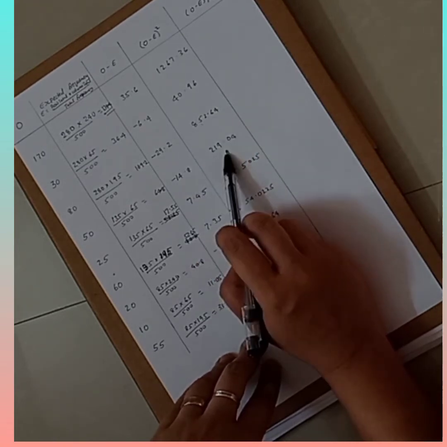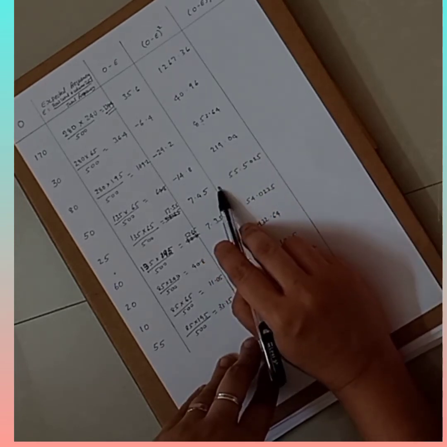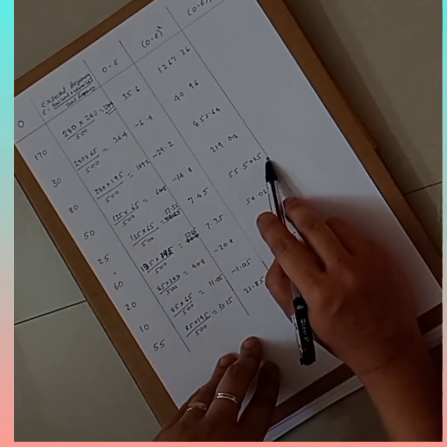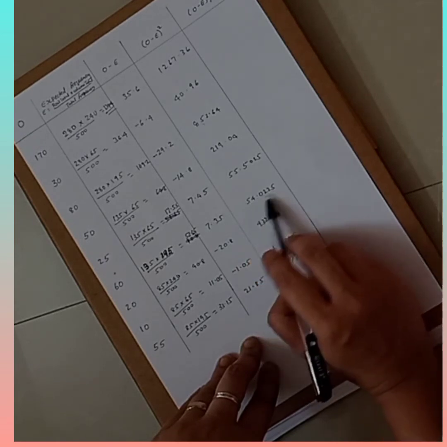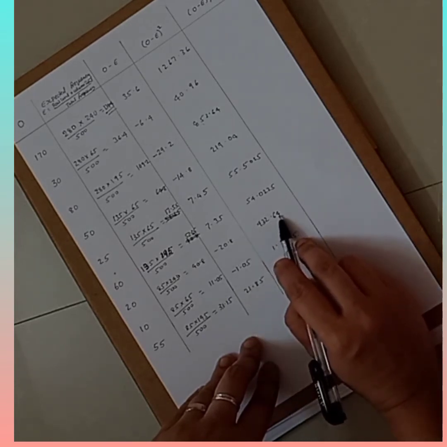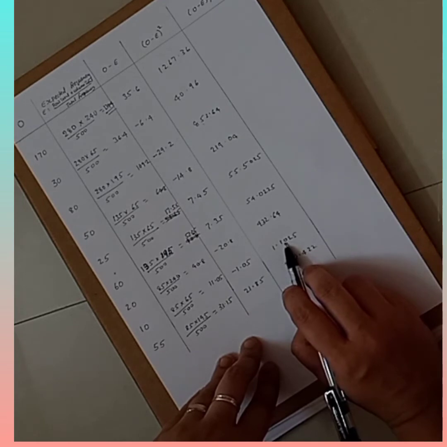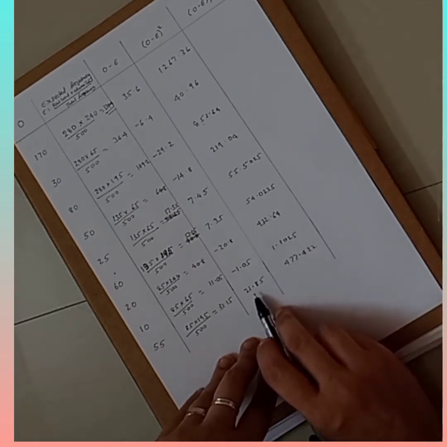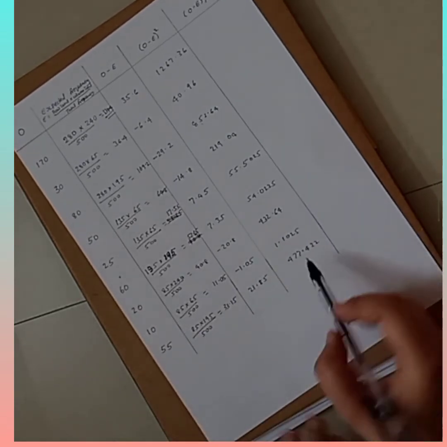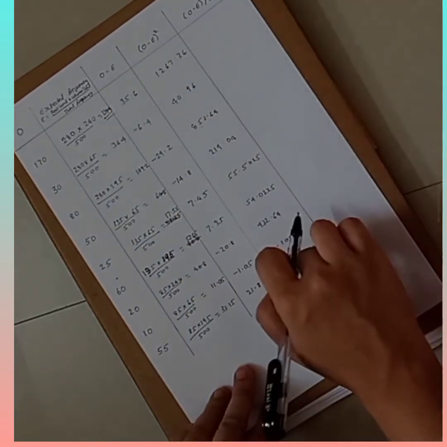Minus 14.8 squared is 219.04. 7.45 squared is 55.5025. 7.35 squared is 54.0225. Then minus 20.8 squared is 432.64. Minus 1.05 squared is 1.1025. Then 21.85 the whole square is equal to 477.4225. So you have this column filled.